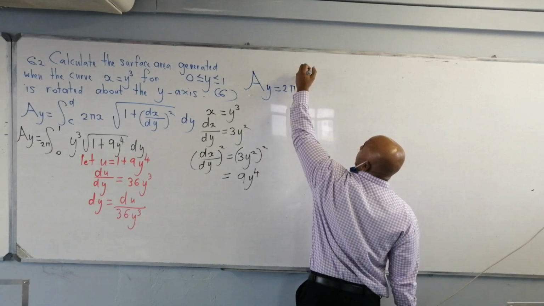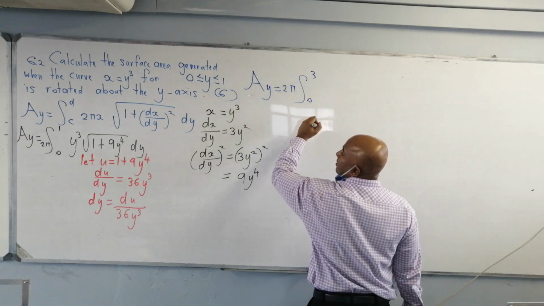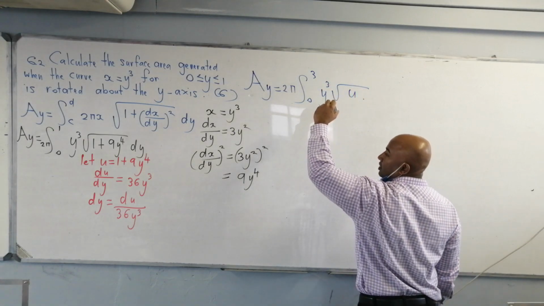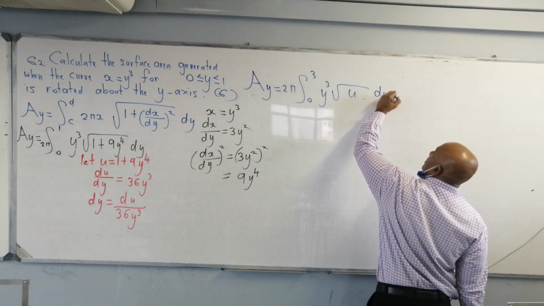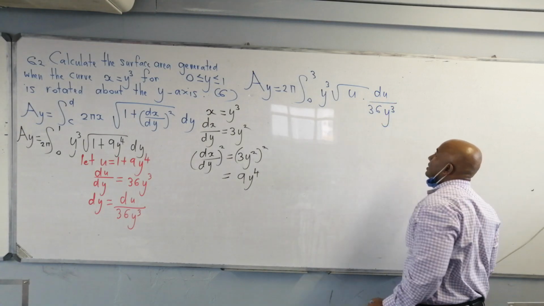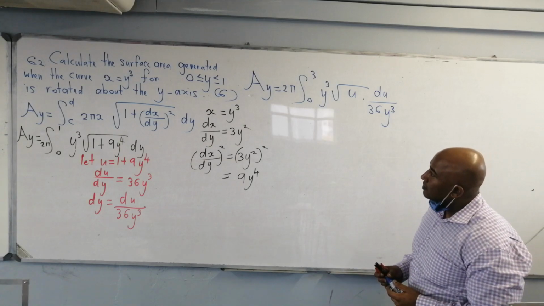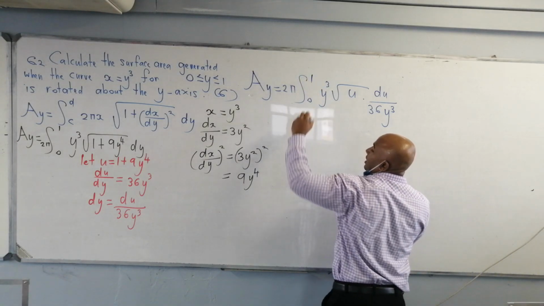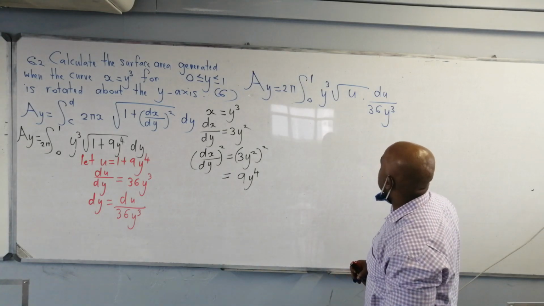So what do we have there? 1, 0. We've got y cubed. We've got u. And then we've got du divided by 36y cubed. Sorry, oh sorry, no, that's 1 and 0.